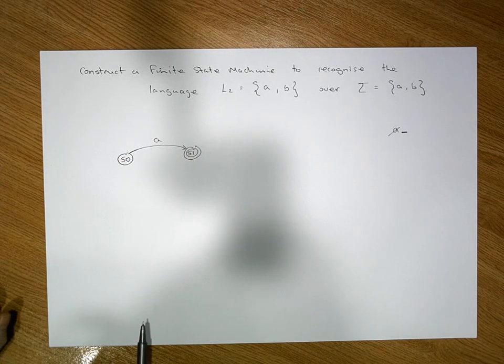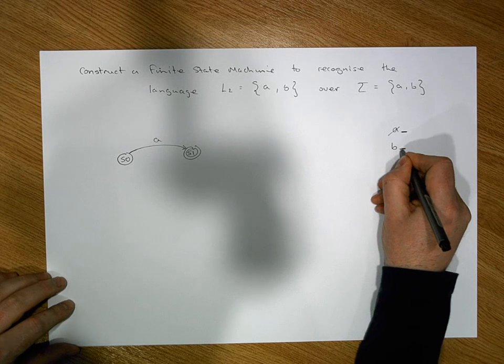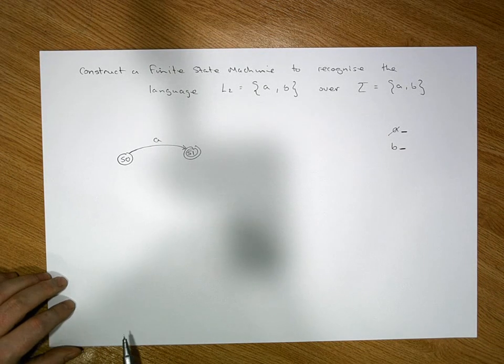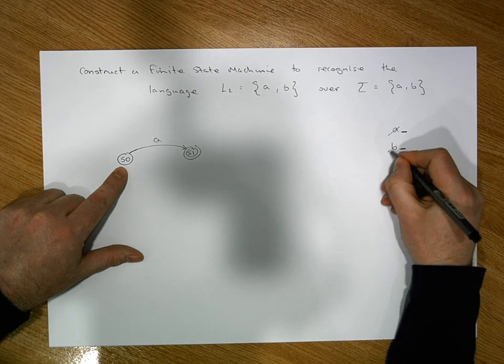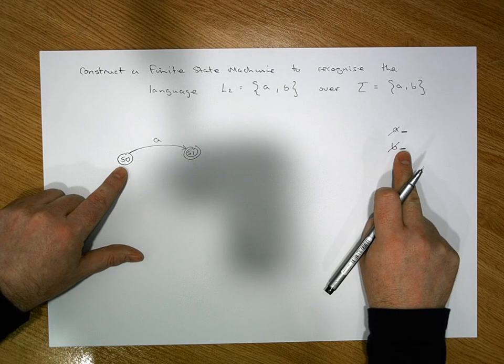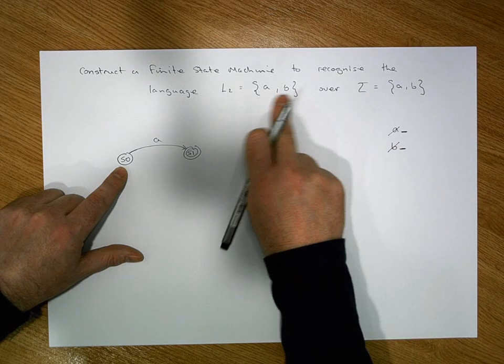But it is possible that we could also pass in the character B. If we're in state S0 and consume a B, we should go into a final state, and recognize it because it is in the language.